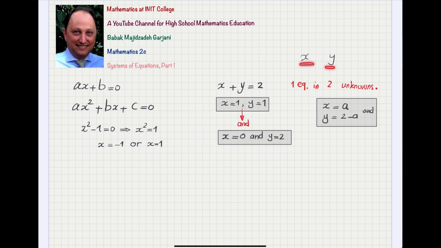No longer are they free to choose whatever they like. They have to satisfy one constraint. So I had 2 degrees of freedom, 2 variables, and I have one single constraint among them. The number of constraints is less than the number of parameters, so I cannot restrict them to be unique.